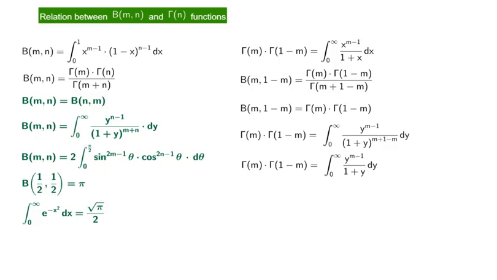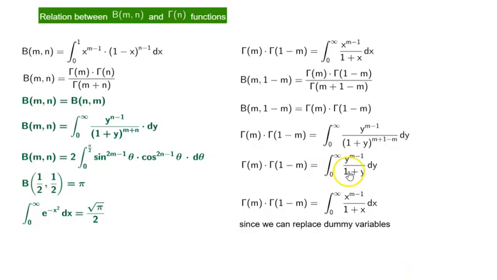Because the variable of integration doesn't matter in the case of a definite integral, we can substitute y with x, which is what we had to show. That is another example. So that was beta and gamma functions.